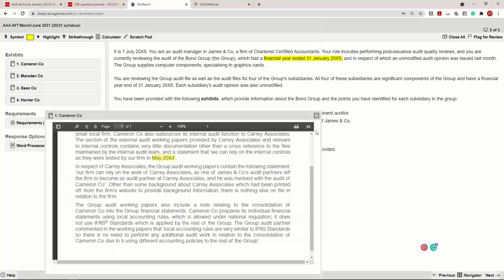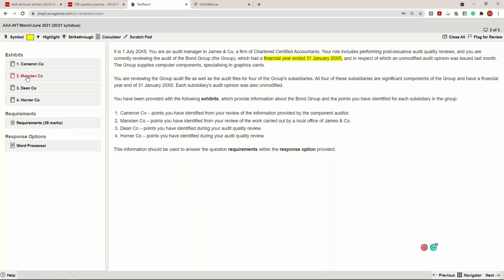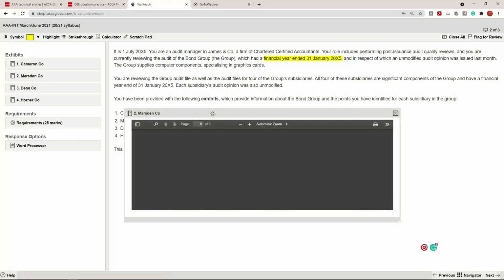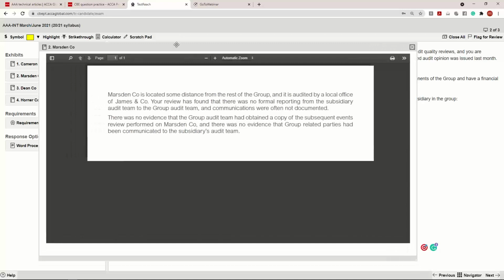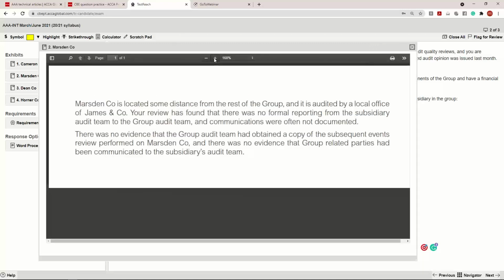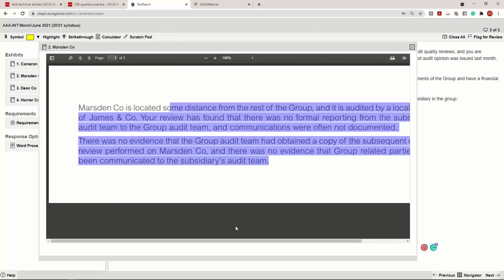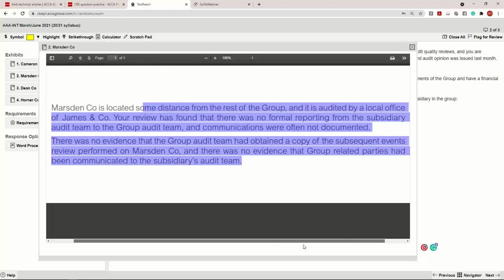After Cameroon, you have the next situation, which is Marsh-Den Company, another subsidiary. Can you all see Marsh-Den Company in front of you? If you can identify the issues for this subsidiary as well, quickly, and wrap up the answer.